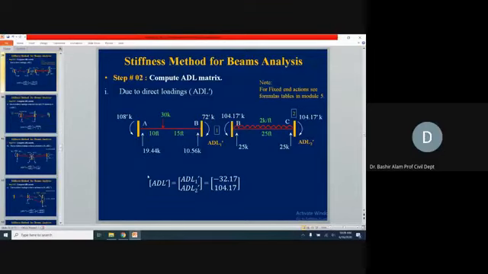So it will become 108 minus 72 divided by its moment arm, which is 25. Divided by 25, it is coming 21. Is it correct?